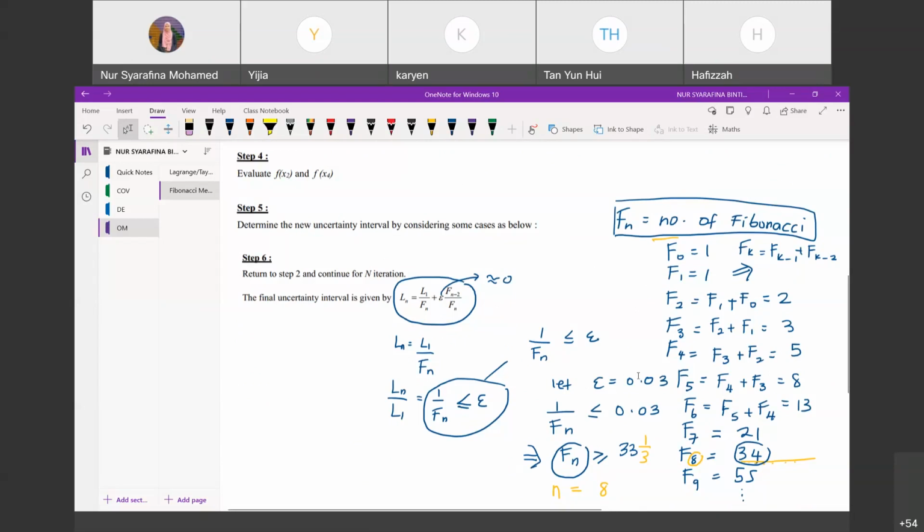And usually we don't have to calculate up until 8. We just approximate the number of iterations. In exam practice, just identify the number of iterations, and maybe the instruction is to calculate the optimized solution up to maybe 4 iterations, maybe 5 iterations.